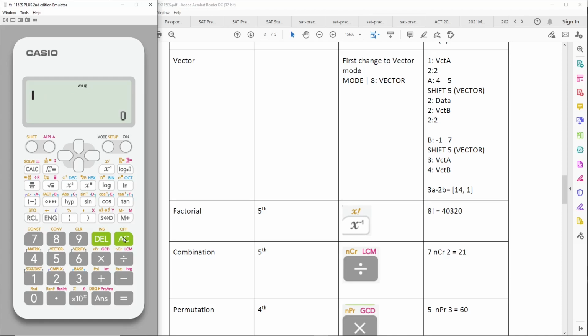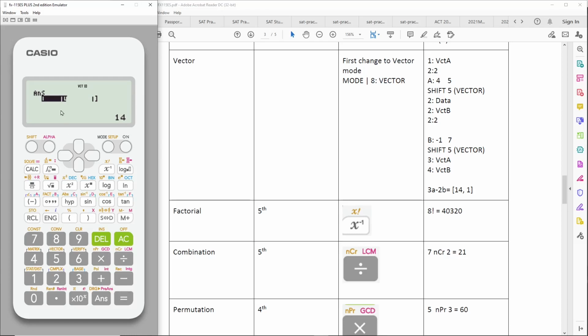And if we want to do an operation on the vectors, let's say 3A minus 2B, I want to do 3, shift 5, choose vector A, which is option 3, and then minus 2 times vector B, so shift 5, option 4 for vector B. So now I have 3 times vector A minus 2 times vector B, do equal.